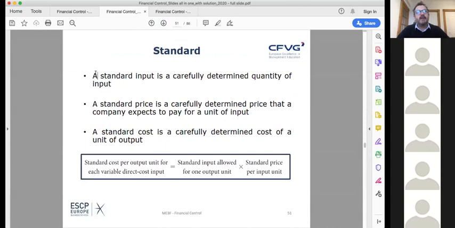So a standard input is a carefully determined quantity of input. Normally in our budget, we know the quantity of raw materials we should use for one unit. Standard price, same thing. We should be able to find information about the normal price of the raw materials for us.